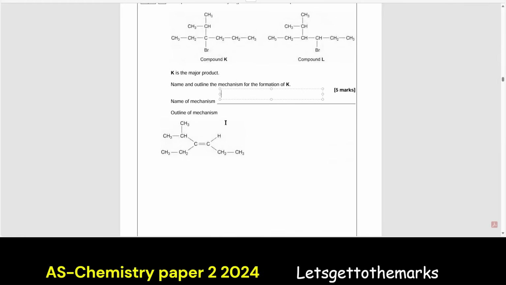The double bond here is an area of rich electron density, it's rich in electrons. So we're going to say electrophilic addition, and that gets us one mark for naming the mechanism. Now we need to draw the mechanism to show how K formed.